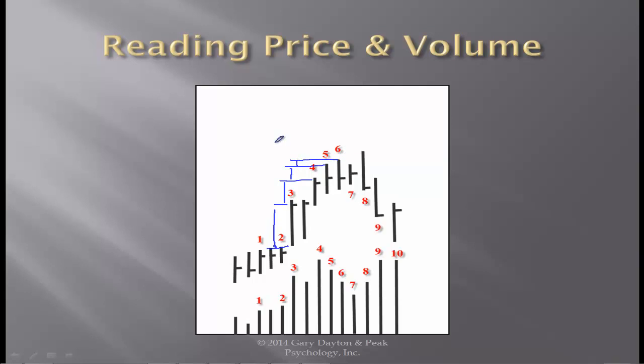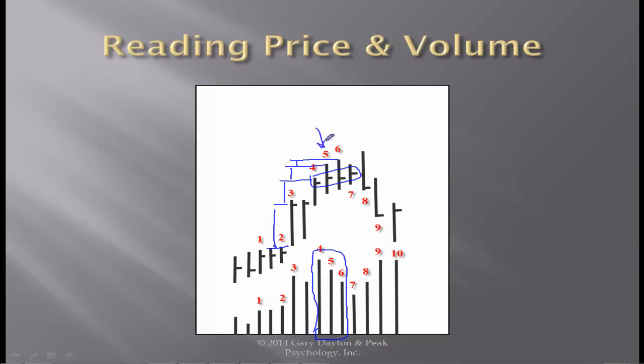That's what we call shortening of the thrust in the price bars. This is significant. You can see that all this volume coming in here is not moving the market on a close basis. And on a high basis, we're seeing less and less progress. Okay? That's supply. That's selling.